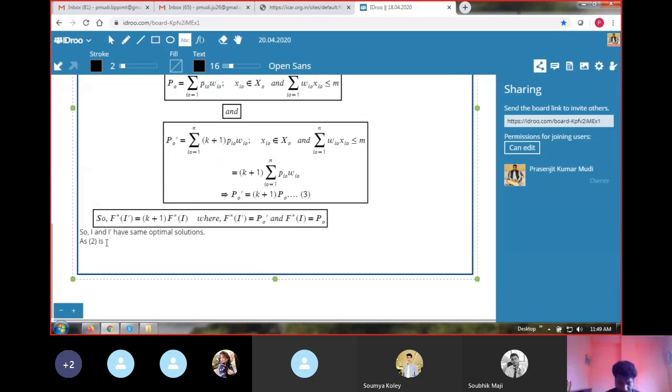Independent of profit, I and I dash will have feasible solutions corresponding to the profits which are differing by a factor of k plus 1.